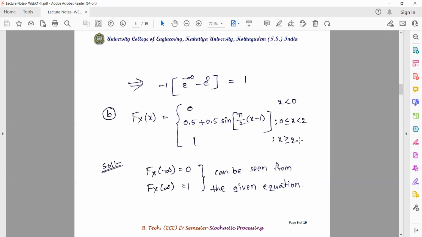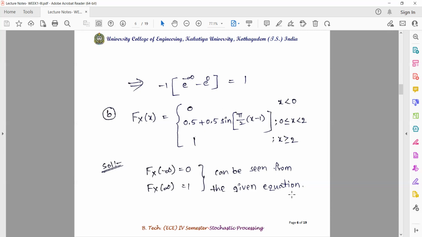The first two properties of the CDF: Fx of minus infinity is equal to 0, seen from the equation since for x less than 0 its value is 0. Fx of infinity: for all x greater than or equal to 2, its value is 1, which can be seen from the given equation.